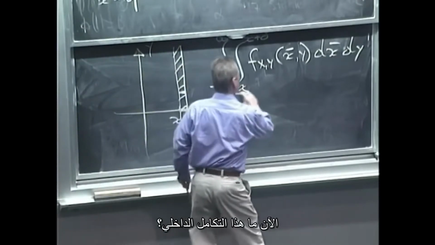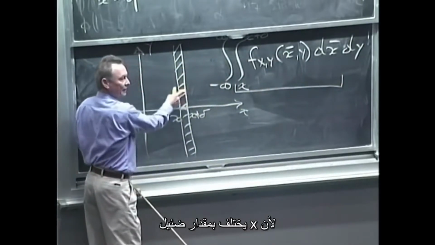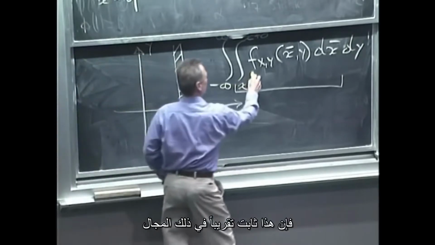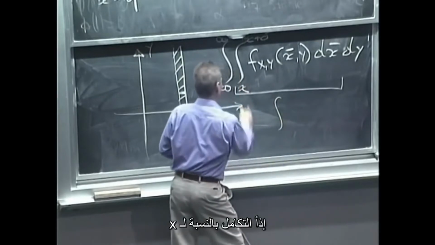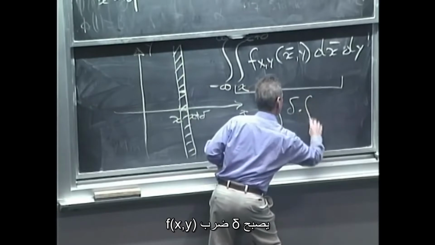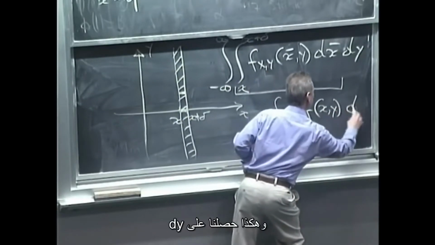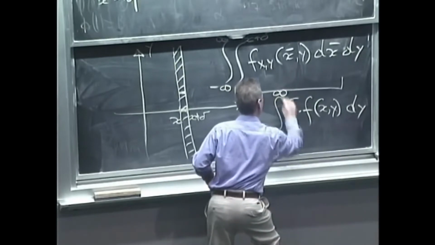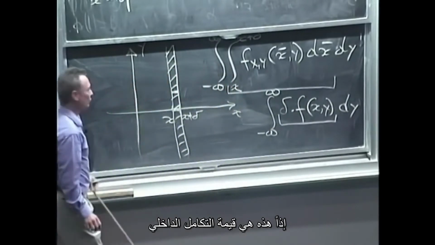Now, what is this inner integral? Because x only varies very little, this is approximately constant in that range. So the integral with respect to x just becomes delta times f of x, y. And then we got our dy. So this is what the inner integral will evaluate to.